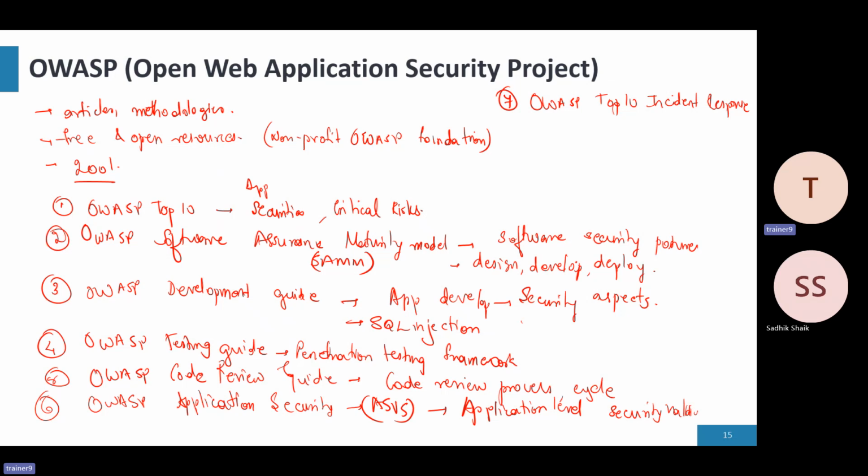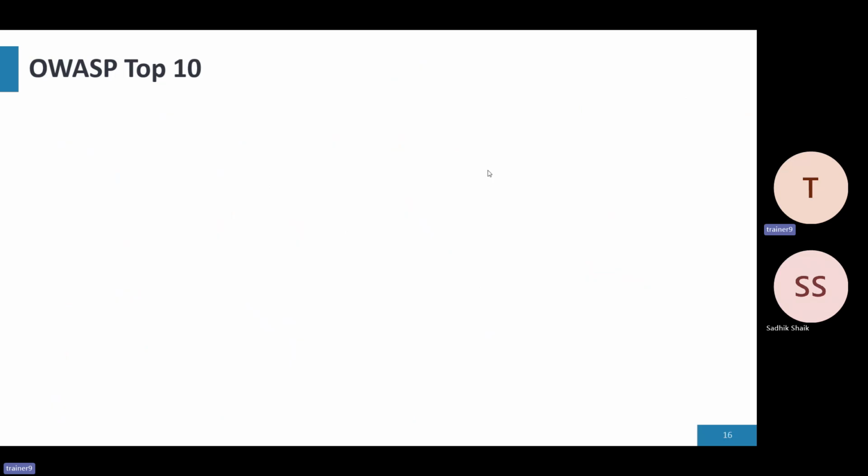Now, one of the popular ones that I was mentioning, we'll spend some time understanding the OWASP Top 10 areas within it, because you'll see this will keep getting referenced and looked into from time to time. The OWASP Top 10 is a list of the top 10 critical risks which organizations might be facing.